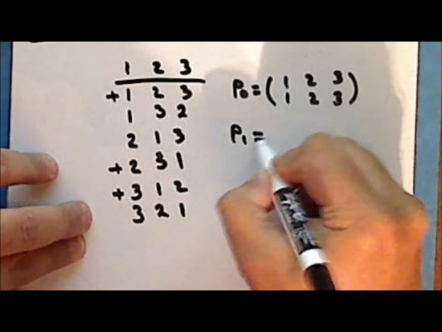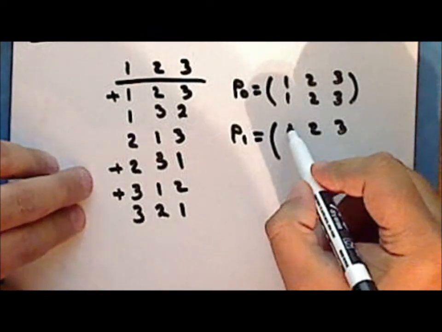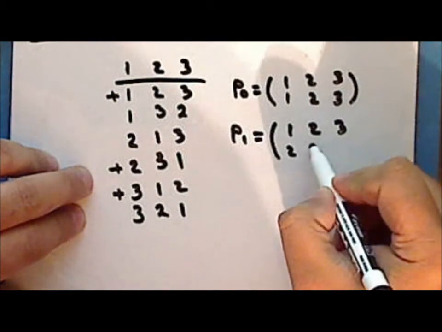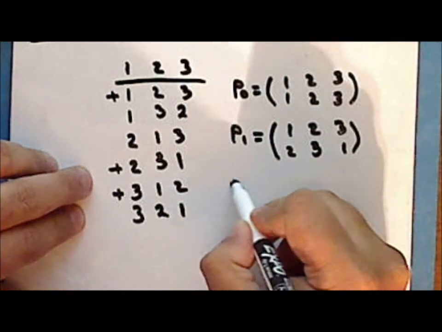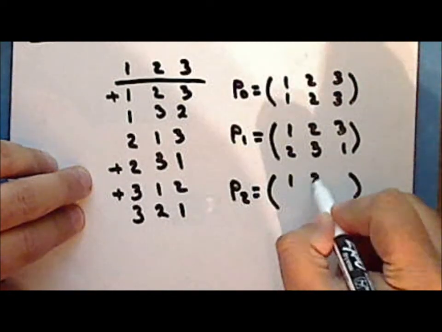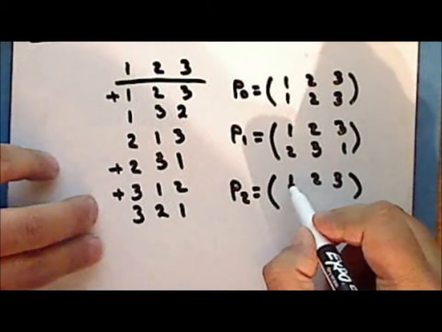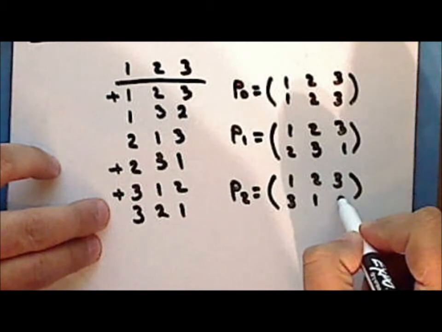Rho sub 1 is the map from 1 to 2, 2 to 3, and then 3 to 1. And rho sub 2 is the map from 1 to 3, 2 to 1, and then 3 to 2.